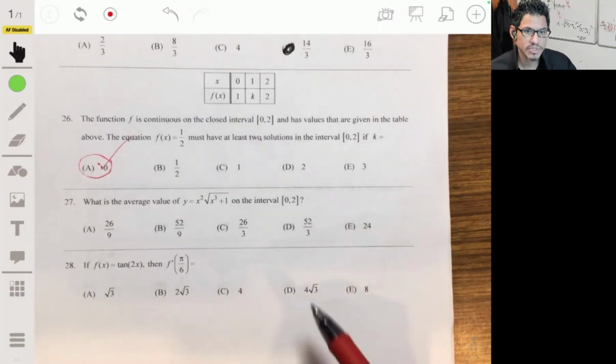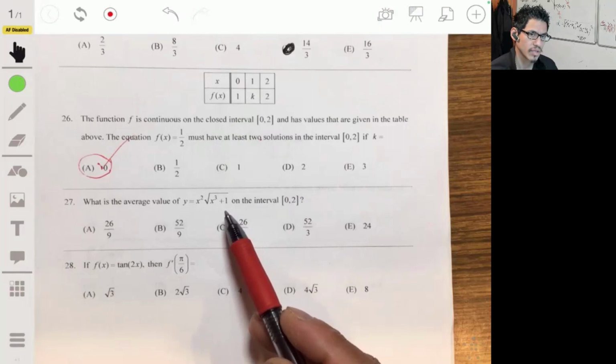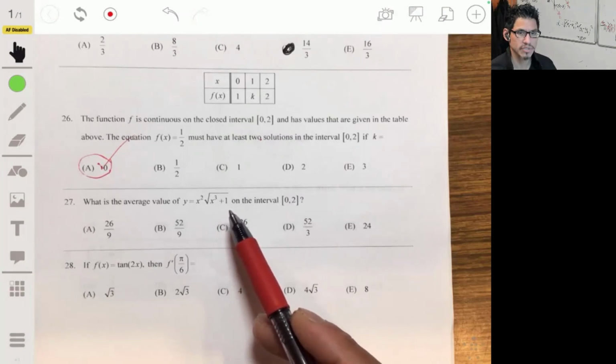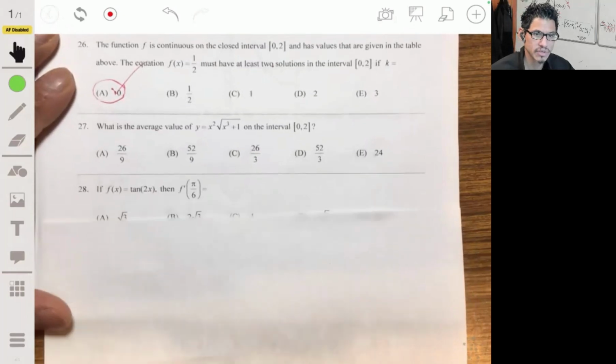And last two, what's the average value of y equals x squared times the square root of x cubed plus 1 on the interval 0 to 2? So this is one where we're just going to use u substitution.